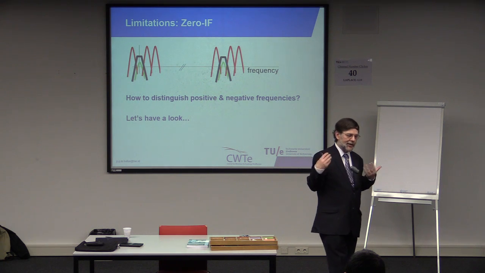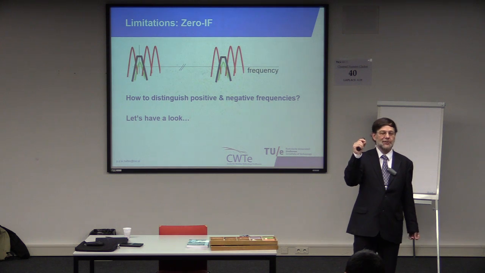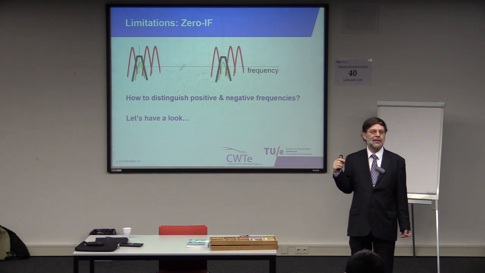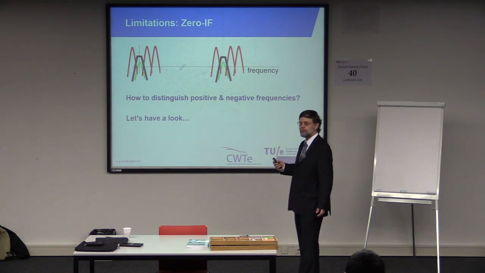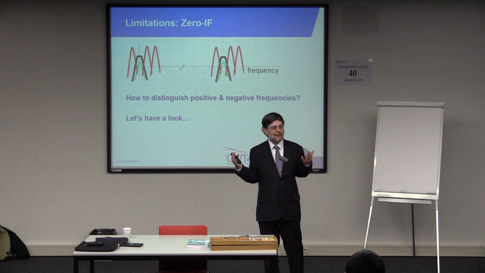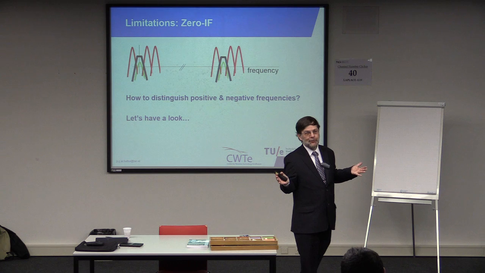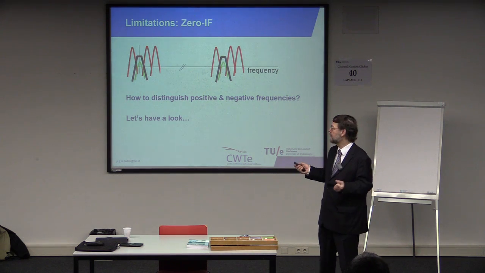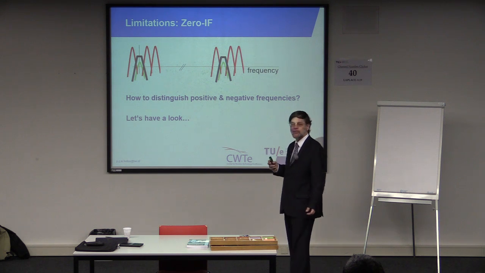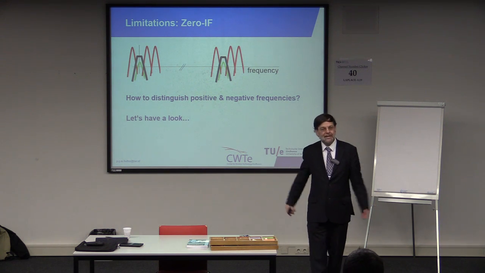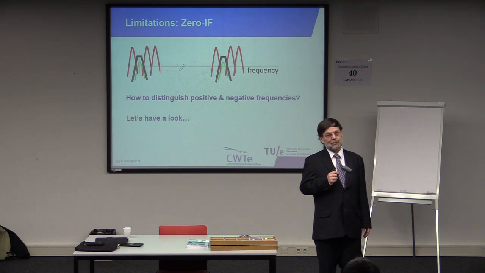If I have, for example, a signal that's on-off keying, where I represent the 1 by transmitting a signal and I represent the 0 by not transmitting a signal, I don't care whether this is in the negative frequency domain or the positive frequency domain. I only want to detect whether there's energy, and whether it's positive or negative frequencies, I don't care. Same with amplitude modulation. In fact, any spectrum that's completely symmetric, where the same information is on the negative frequencies as positive frequencies, great, I don't have to worry about it. And that's true for many systems.